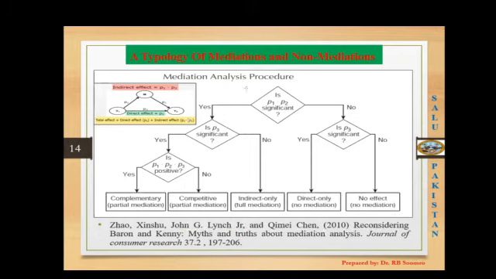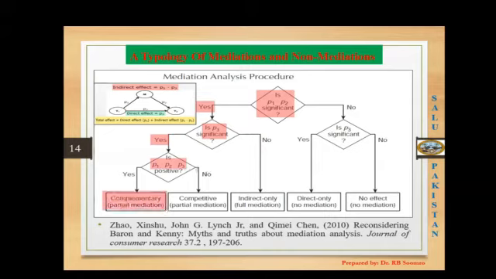For example, if P1 into P2, the indirect effect, is significant, and if P3 is significant, and P1, P2, P3 are all positive, then complementary partial mediation is there.